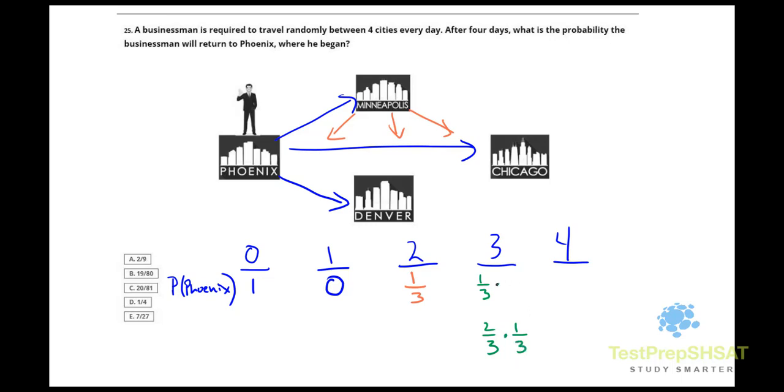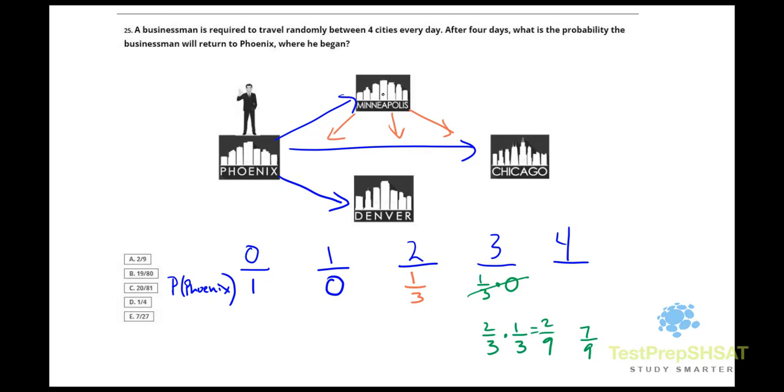And if he's in Phoenix on day 3, there's a 0 chance he's going to end up in Phoenix. So we don't care about that, but we know there is a 2/9 chance on day 3 he's in Phoenix. Well, okay, that means there's a 7/9 chance that he's not in Phoenix on day 3.